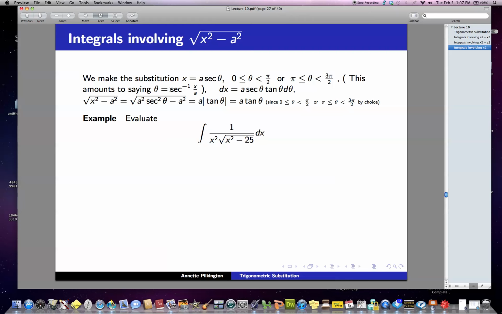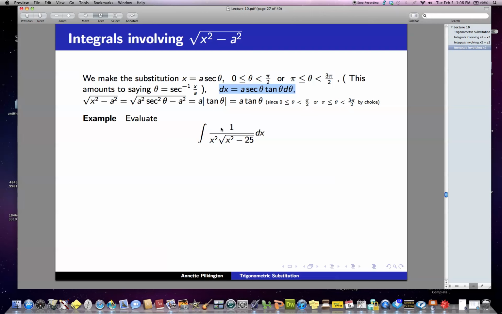And again, the calculations are the same. The square root of x squared minus a squared will always be a times tangent of theta, and dx will always be a times secant theta times tangent of theta d theta. So there should be no surprise in calculating these two things in your integral.